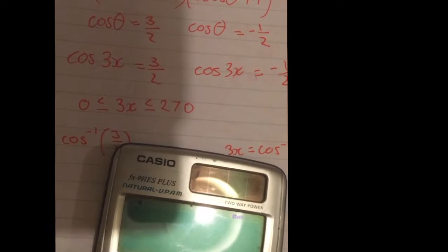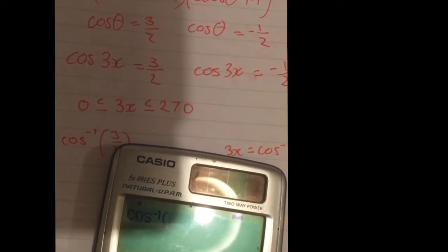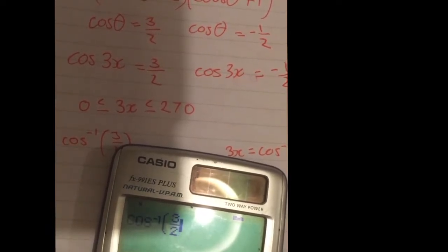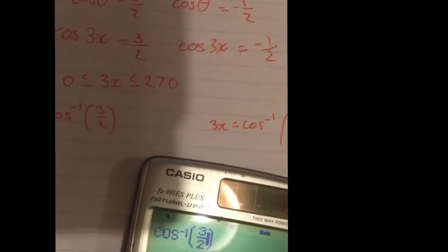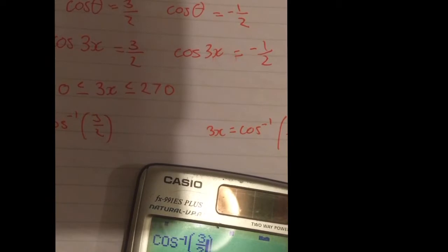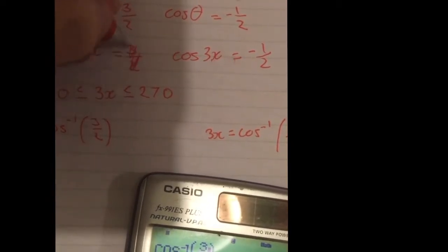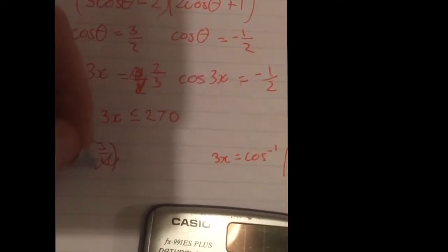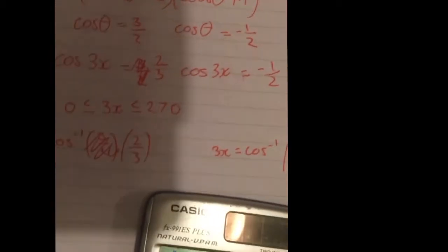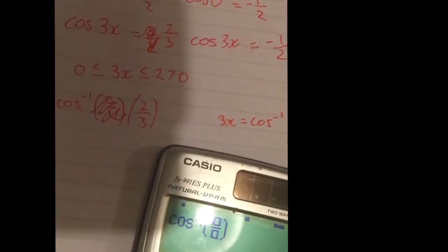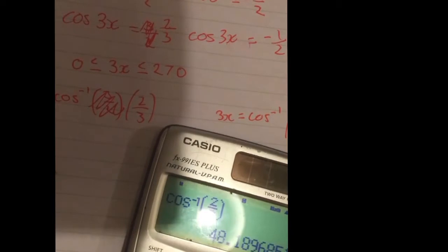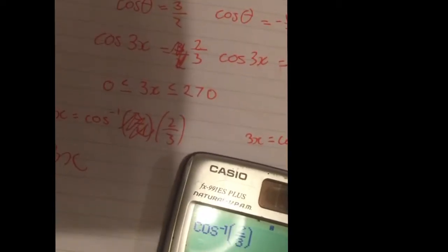Cos to the minus 1 of 2 over 3 gives us a principal value of 48.2.